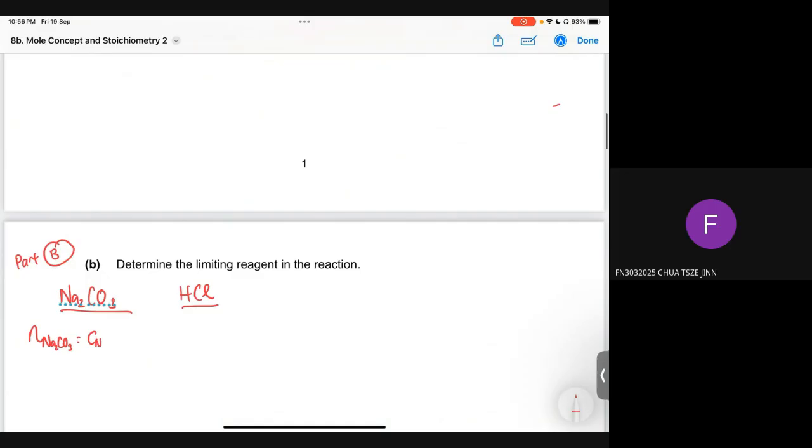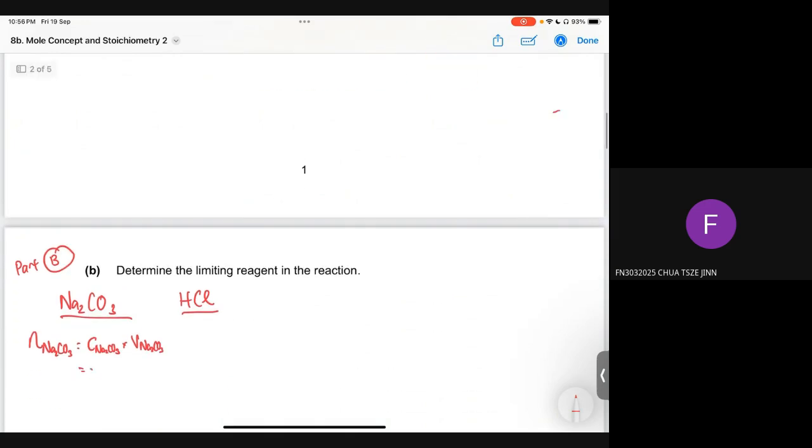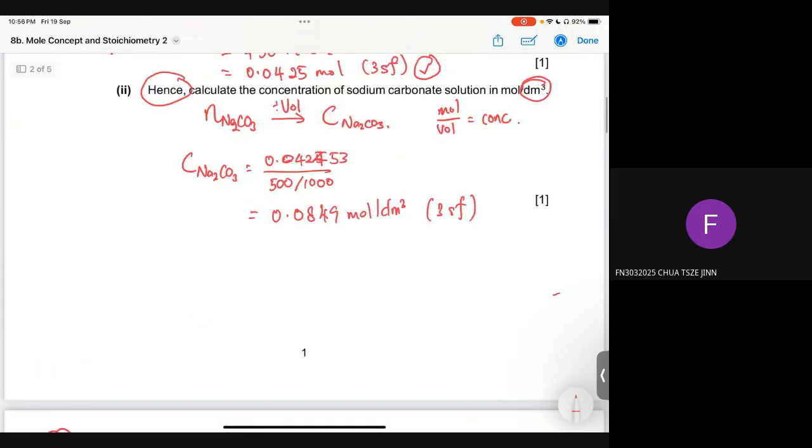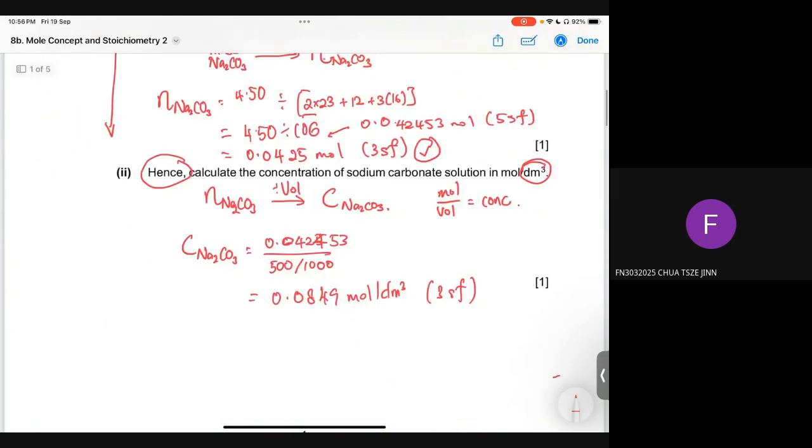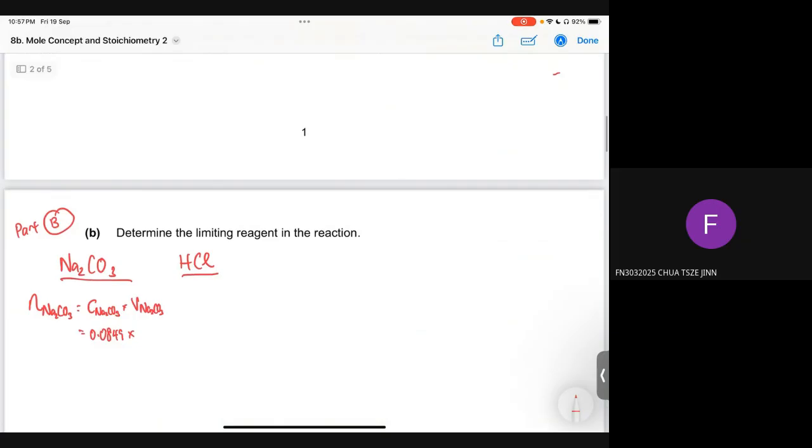I'm going to take the concentration of sodium carbonate multiplied by the volume of sodium carbonate used. Reading the whole question, this is the volume used, so it's 25 cm cube. Please take note, you should divide by 1,000 because you need to convert it to dm cube.